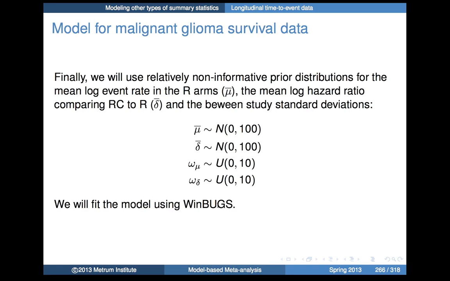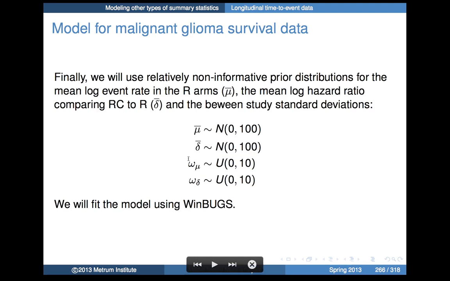And then because we're going to fit this in a Bayesian framework, we need to have some prior distributions for the 4 parameters here in our model: mu bar, delta bar, omega mu, and omega delta. And so I chose the following priors, which on the scale that we're modeling are fairly non-informative prior distributions.